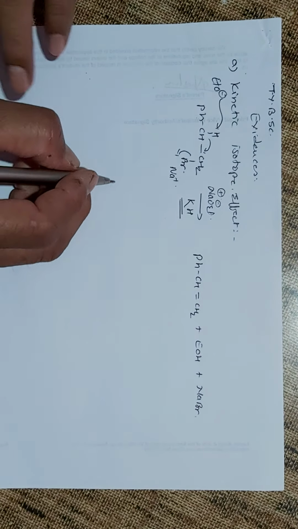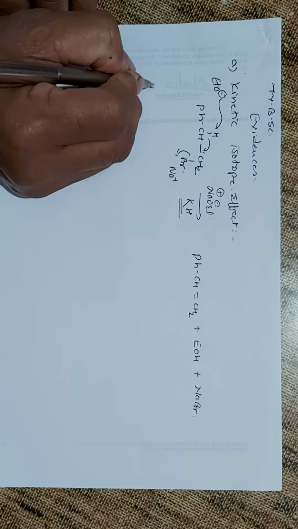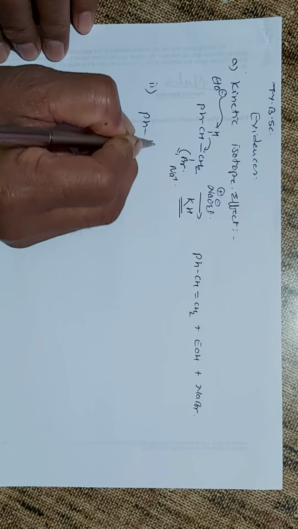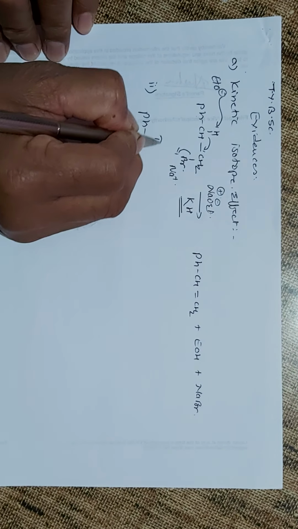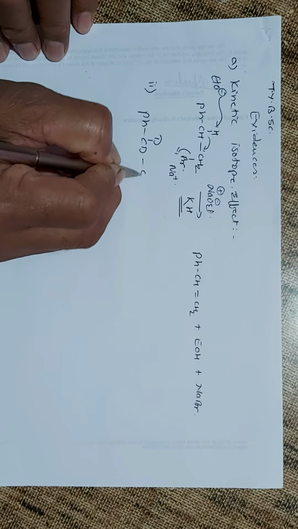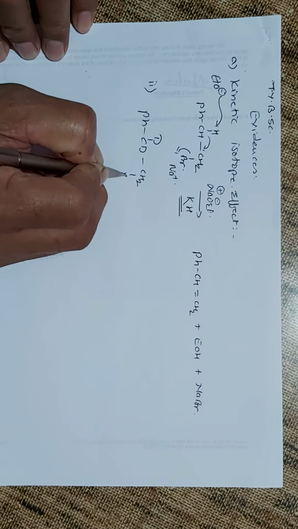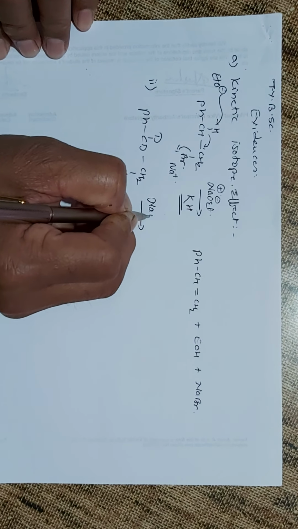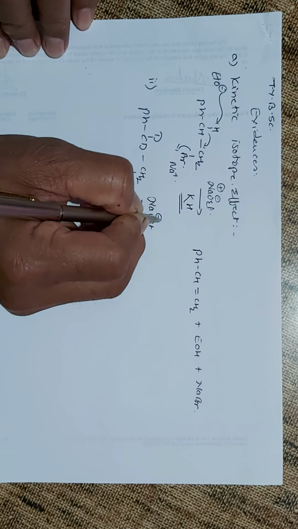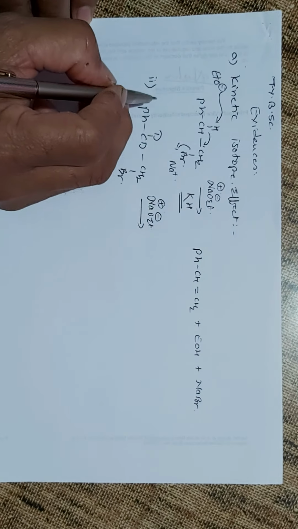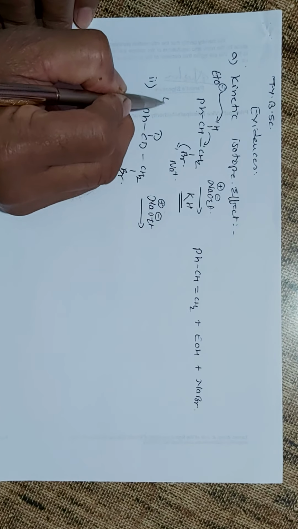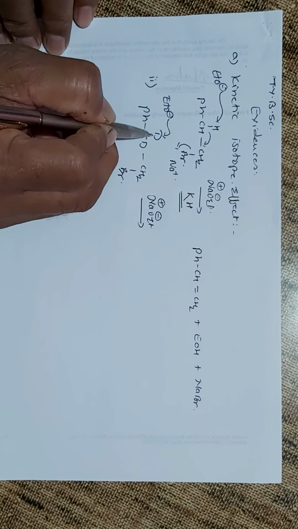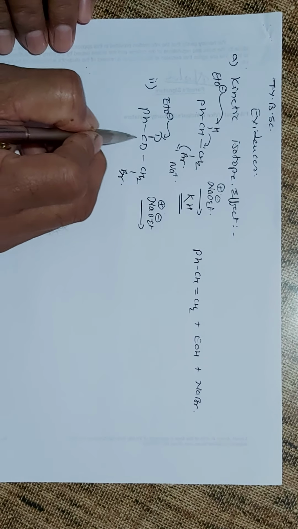Now, in the second reaction, the hydrogens of the beta carbon are replaced by deuterium, and again the rate of the reaction was calculated. Here again the same base is used, and this base abstracts the deuterium instead of the proton, which is at the beta hydrogen.